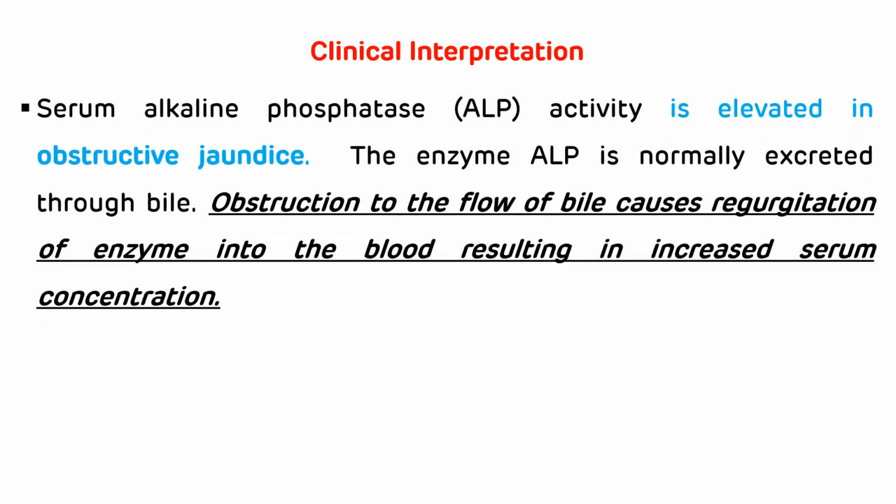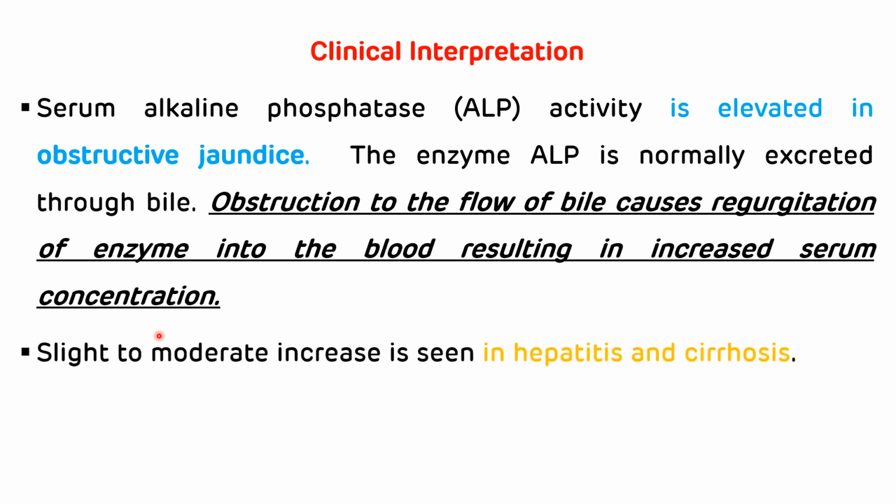Clinical interpretation of estimation of serum ALP level. Serum alkaline phosphatase activity is elevated in obstructive jaundice. The enzyme ALP is normally excreted through bile, and obstruction to the flow of bile causes regurgitation of this enzyme into the blood, resulting in increased serum concentration.